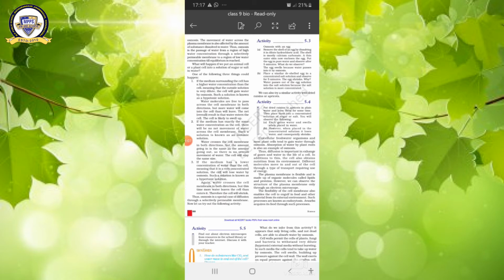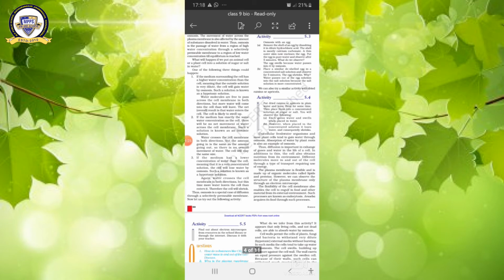Such a solution is known as a hypotonic solution. Water molecules are free to pass across the cell membrane in both directions, but more water will come into the cell than will leave. The net result is that water enters the cell and the cell is likely to swell up.